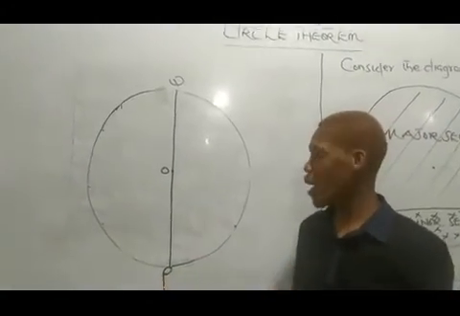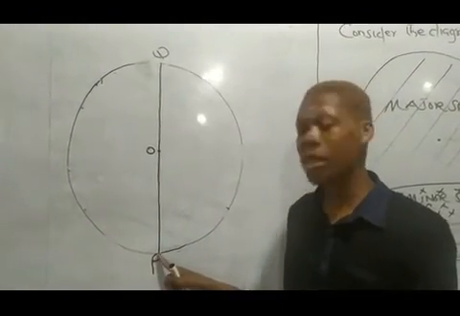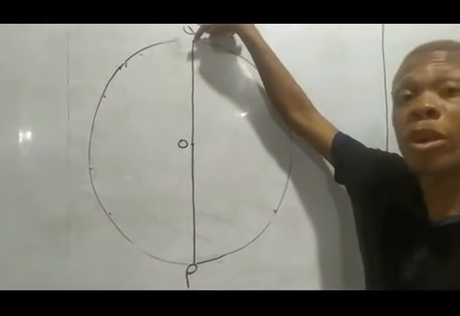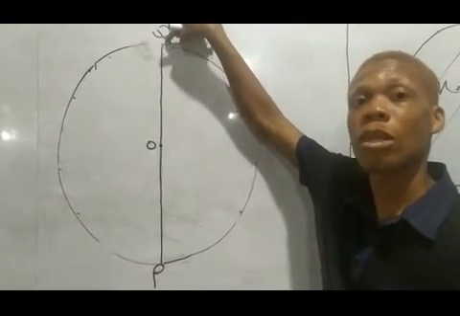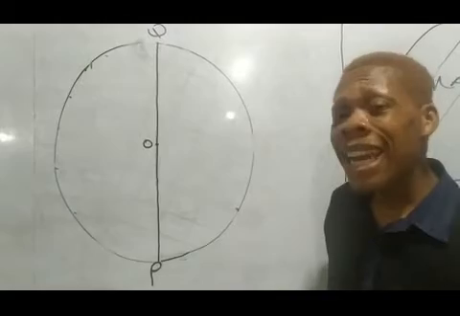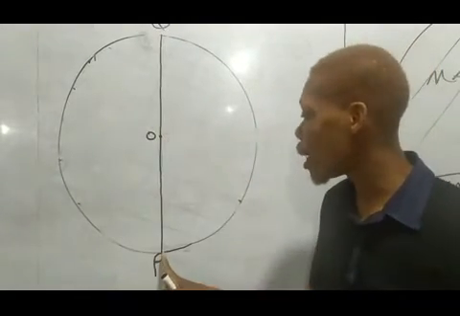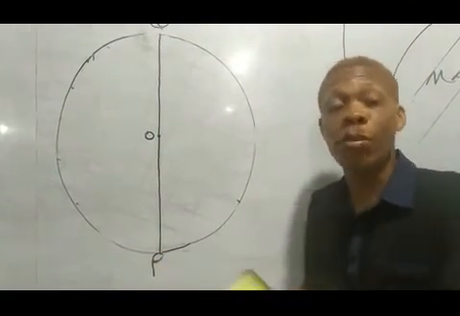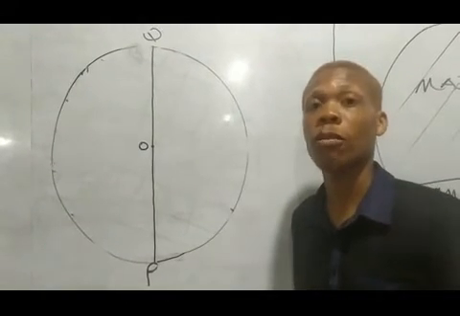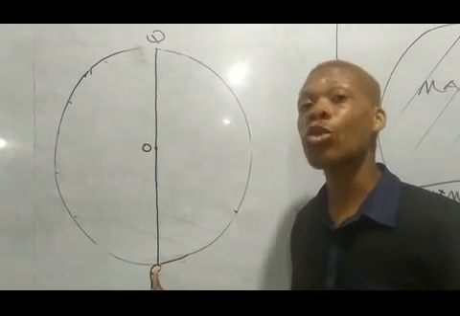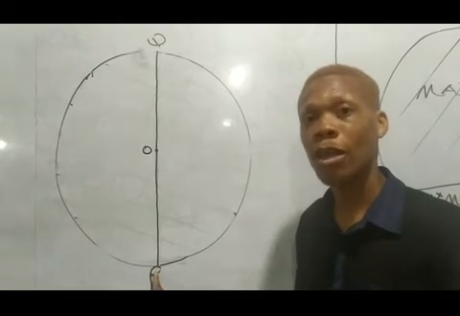P is a point on the circle and Q is also a point on the circle. The line that joins P and Q together, remember that we said a line which joins 2 points is called a chord. So the line joining P and Q is supposed to be a chord.